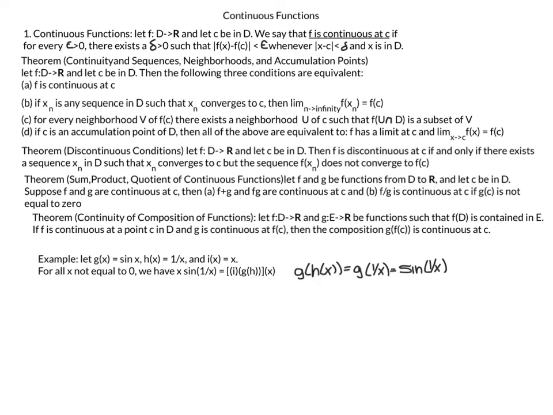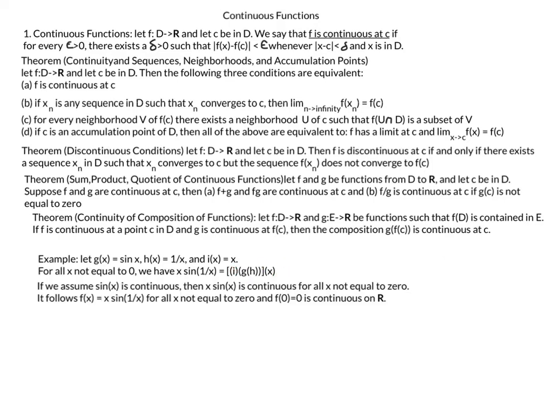I broke it down a little bit here: my h of x is 1 over x, so now I have g of 1 over x, which is equal to sine of 1 over x. So you can see how x sine of 1 over x is equal to I times g of h of x. Now if we assume sine of x is continuous, then x sine of x is continuous by our theorem here that the product of two continuous functions is continuous.